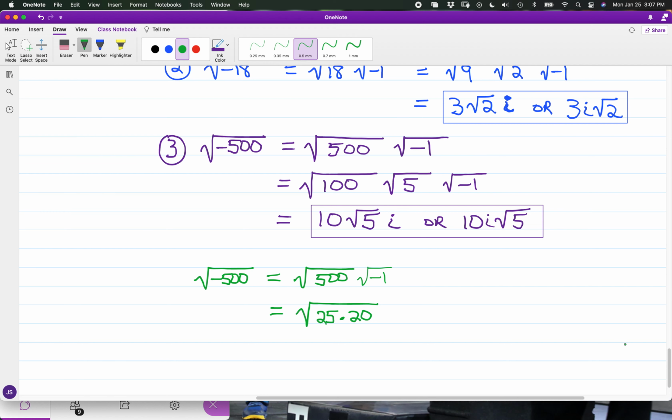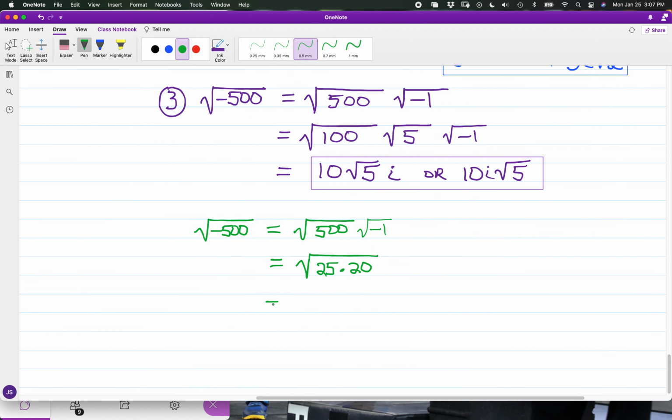You have the square root of 25 times 20, times the square root of -1. 25 is a perfect square number, and 20 would factor out to 4 times 5, and 4 is a perfect square number. So if you were to partition out, you've got the square root of 25 times the square root of 4 times the square root of 5, and the square root of -1 we can just write as i.